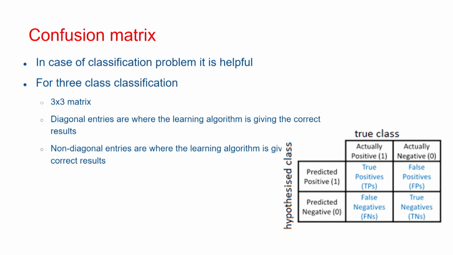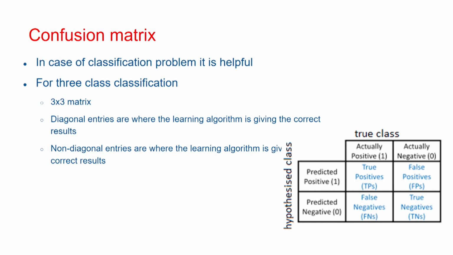And in the same way, suppose there are 10 instances in the third entry. Then we will say that these 10 instances are false negatives, because these instances were actually positive, but the machine learning algorithm predicted them as negative, that is, falsely predicted as negative, and that is why they are false negatives. In the same way, suppose the fourth entry has the value 100.